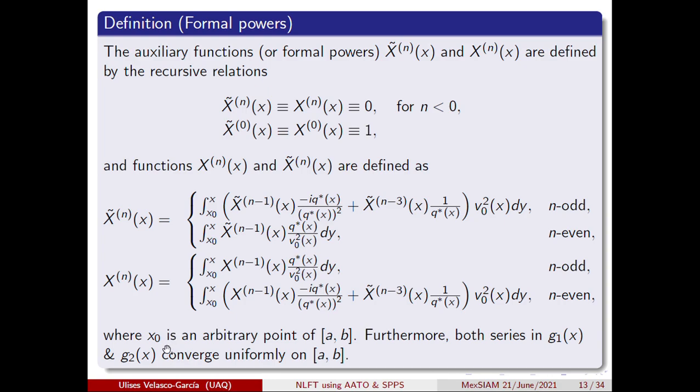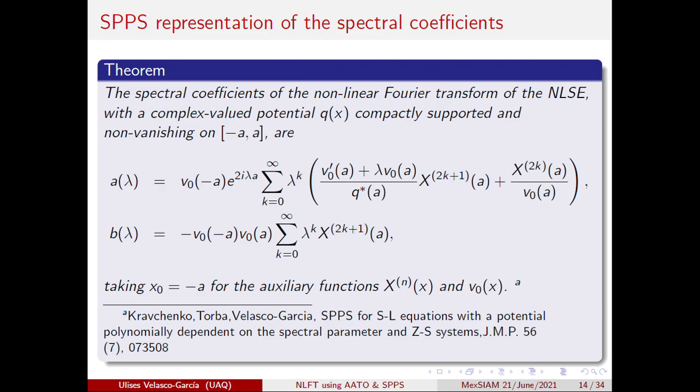x0 is an arbitrary point in the closed interval, and both series in G1 and G2 converge uniformly on the segment from A to B. This is really good because when we are approximating the series numerically, we are going to need only a few terms. This is an original theorem we are presenting.